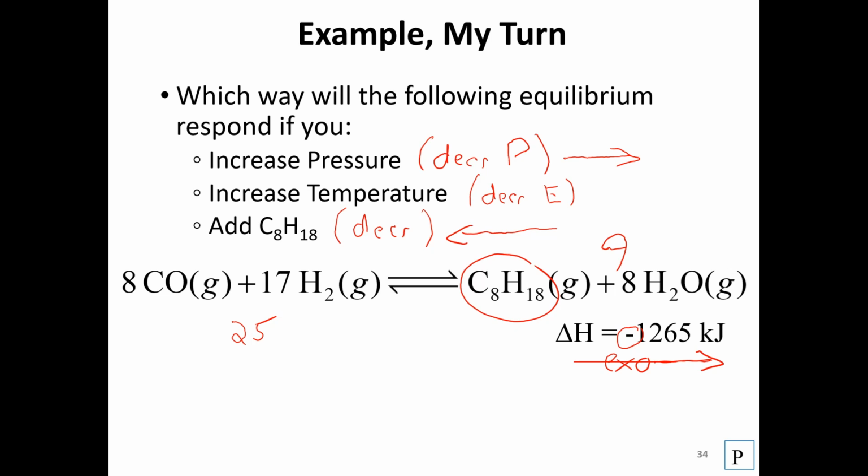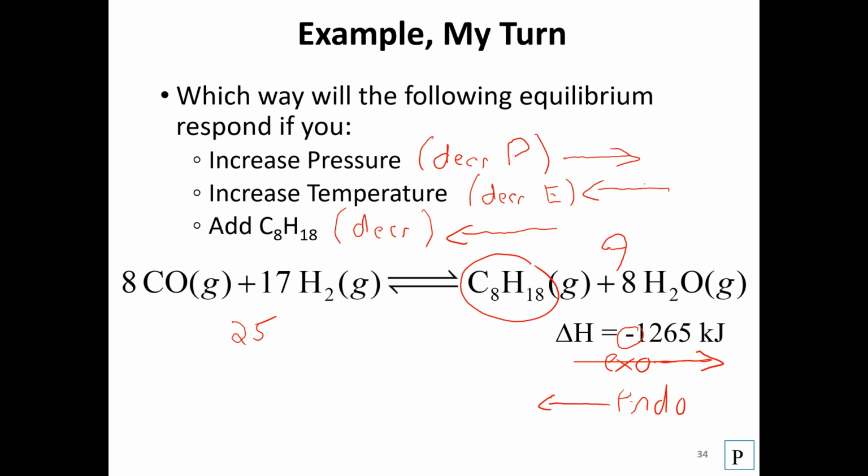But we want to decrease the energy environment. So it's going to run backwards. If it's exo in the forward direction, it is endo in the reverse. So if you increase the available energy, it's going to decrease it by shifting backwards.